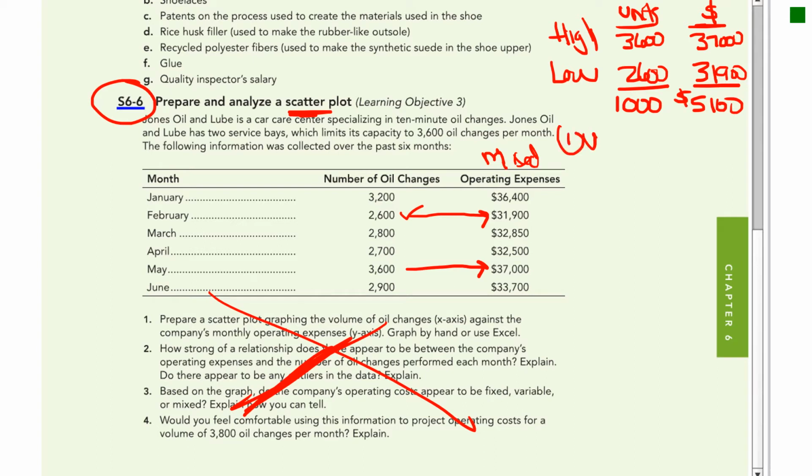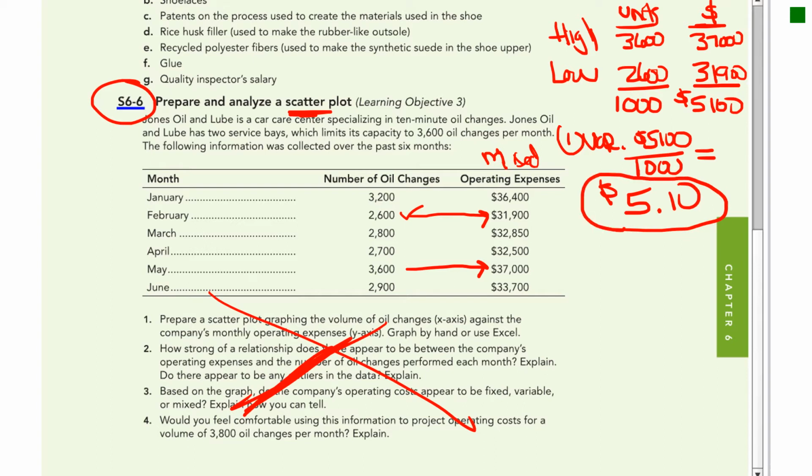So my first step is to get the variable cost per unit. You take the 5,100 and divide it by 1,000, which gives you $5.10 per unit. That's your variable cost per unit. My second step is to go back to your equation, y equals a plus bx, which is my format from the PowerPoint, and pick a data point. I always pick the high point.